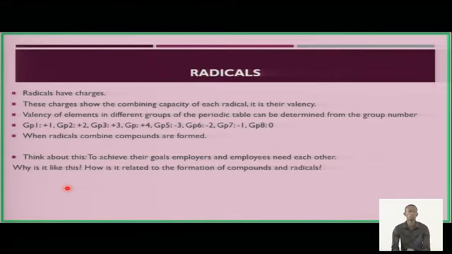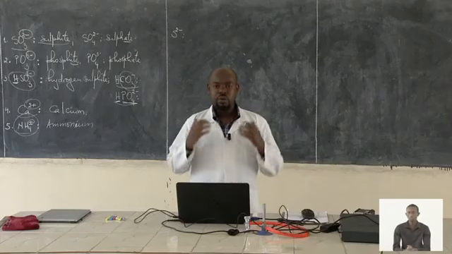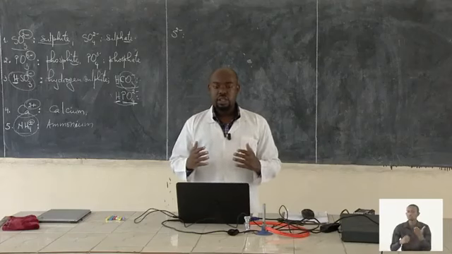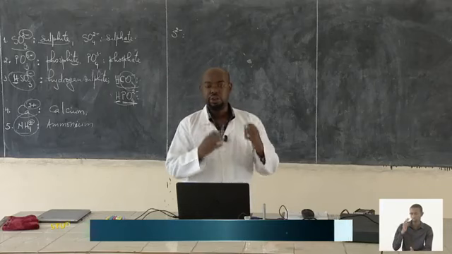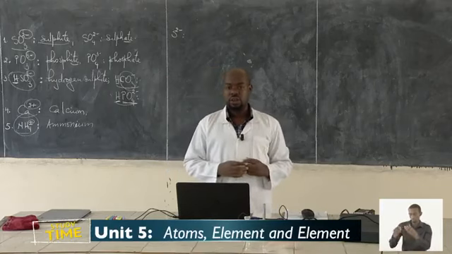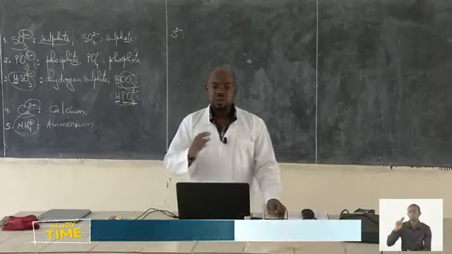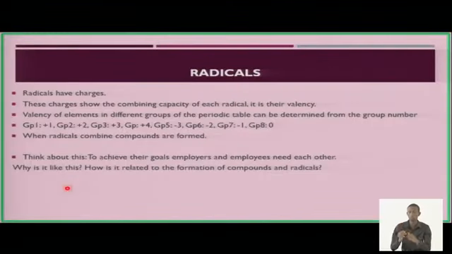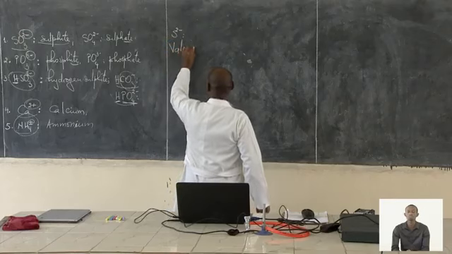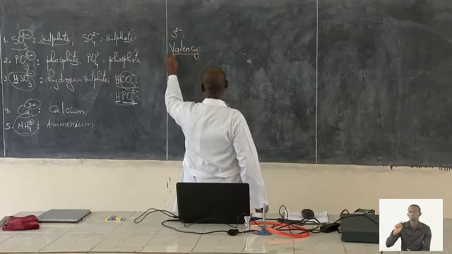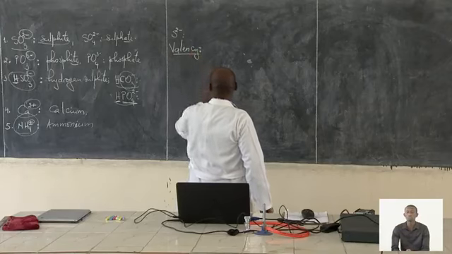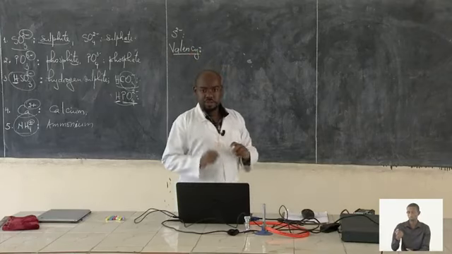But before we go to seeing how we use these charges, let us have a look at the special name we give to these charges on the radicals or the ions. There is what we call valency. Valency is something very important.